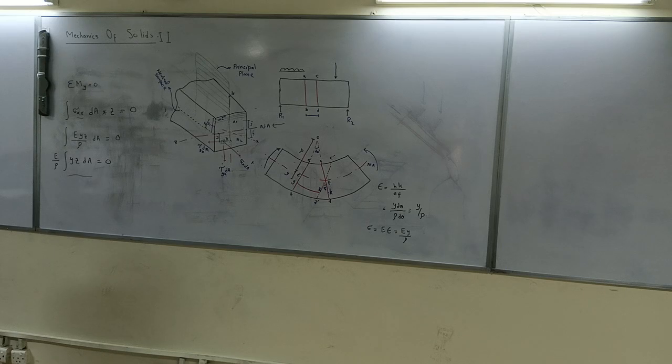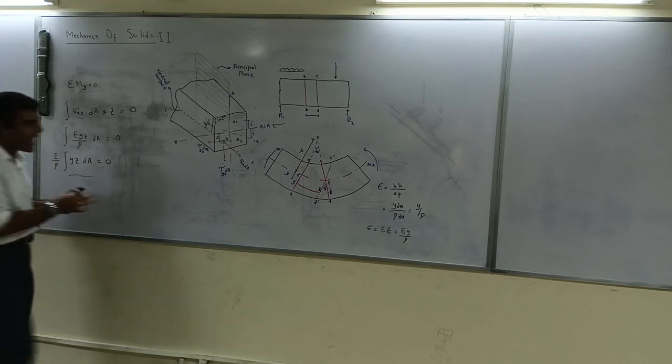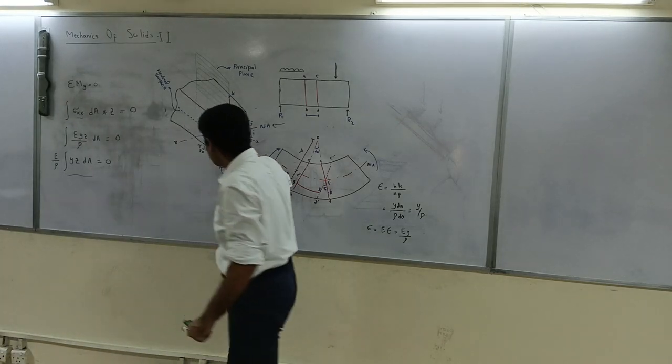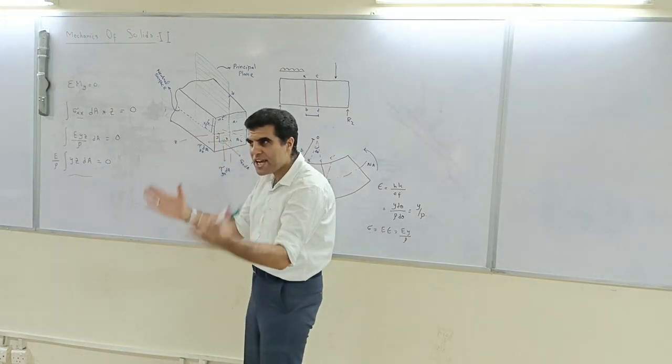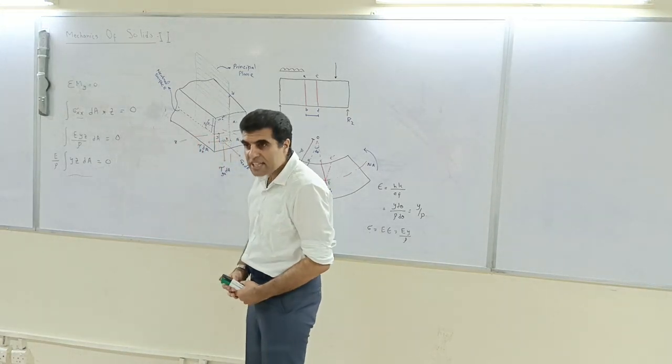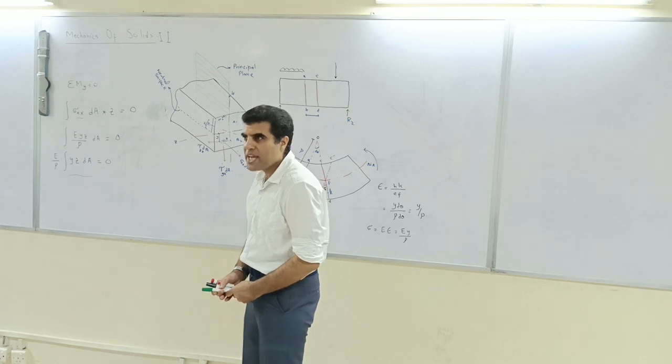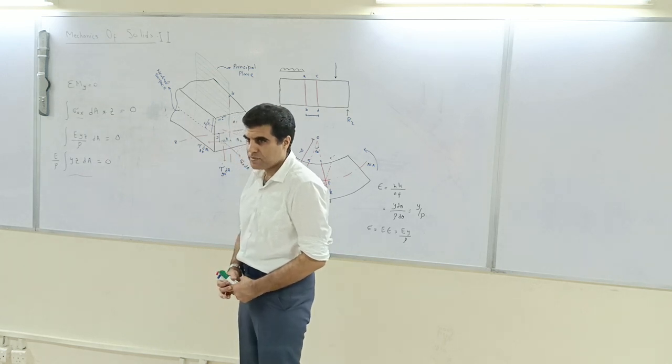What does that mean? You take dA and multiply it with the product of the two variables, y and z. The product moment of inertia must be equal to 0.